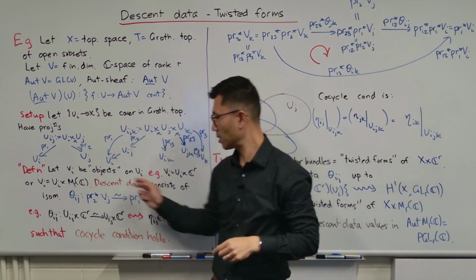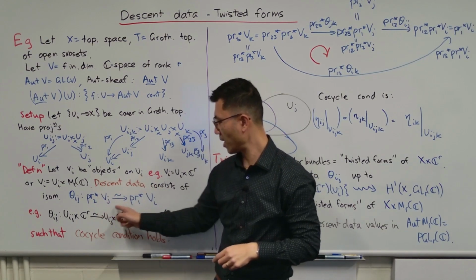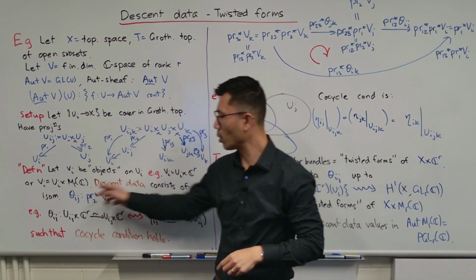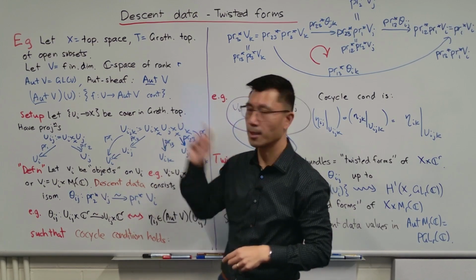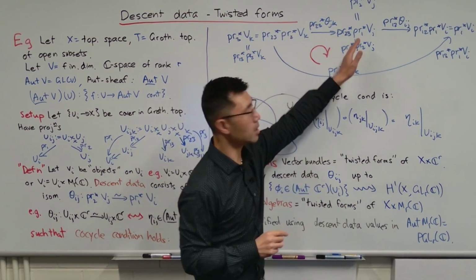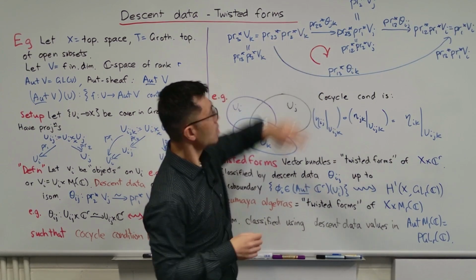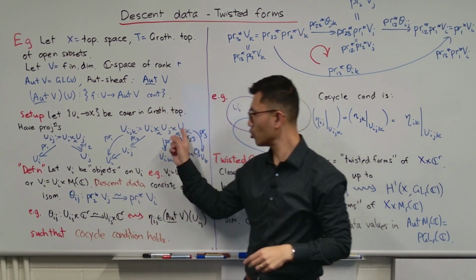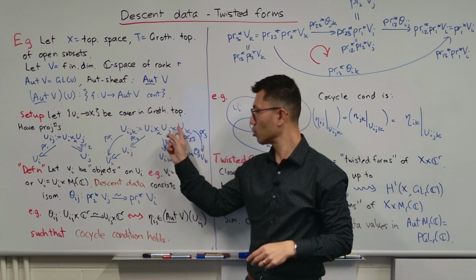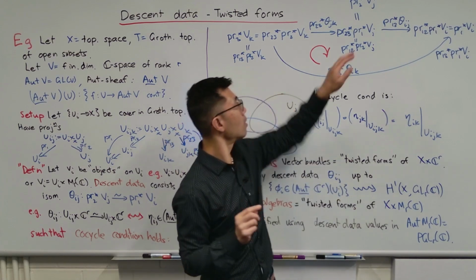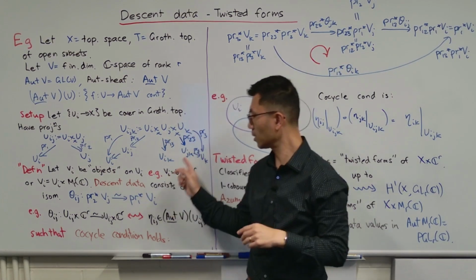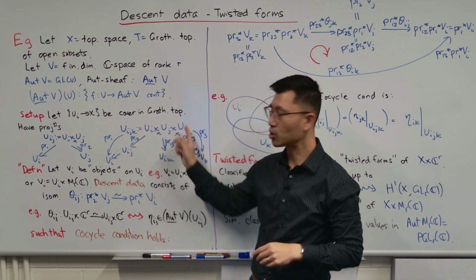So we take this in the case where you have V_k and V_j, and we pull it back by this projection 23, and you'll get this map from here to here. Let's simplify what this is. If you do projection 23 first, and then projection 2, that's this combination here. At the end of the day, you just project onto the third factor.